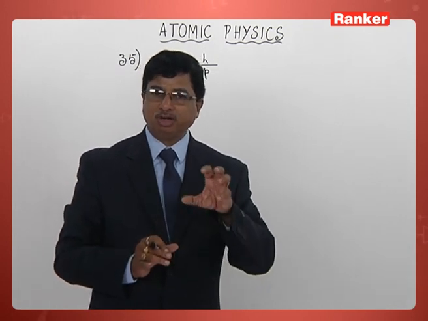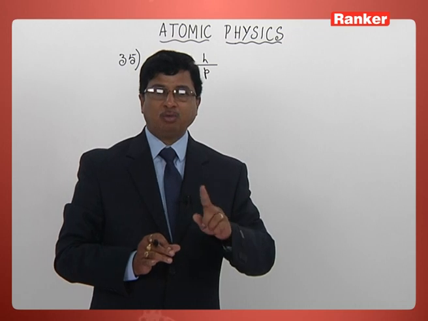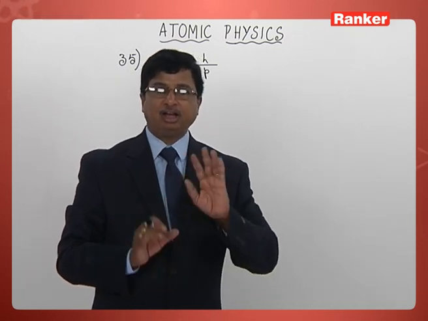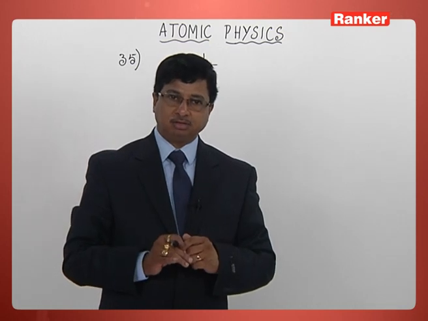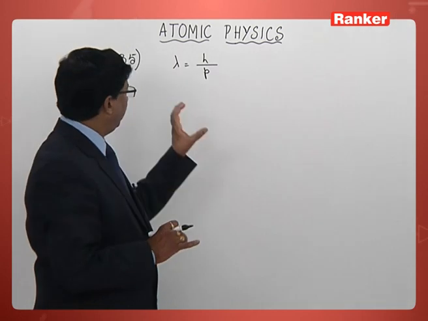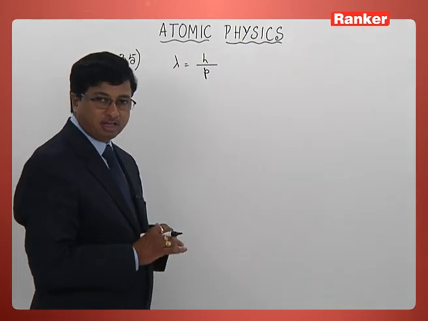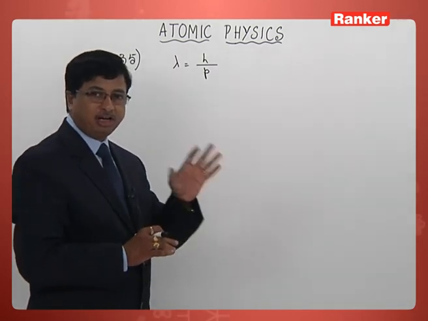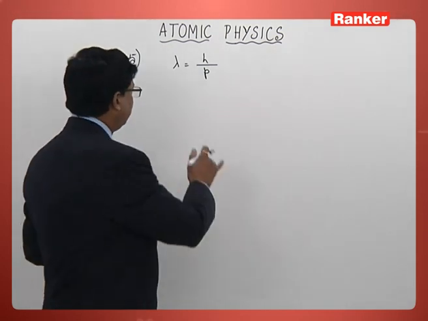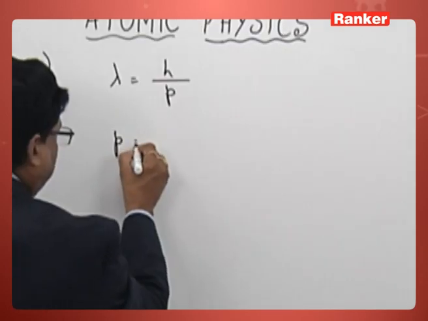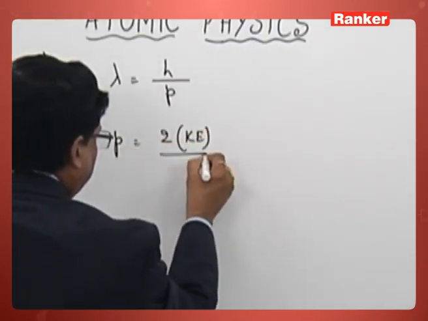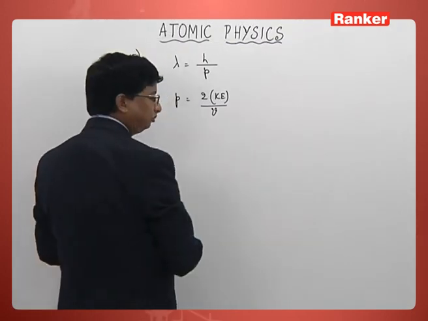But here I want velocity to be there and kinetic energy also to be there. So what method do we adopt? If I write twice kinetic energy by velocity, you can definitely get momentum.